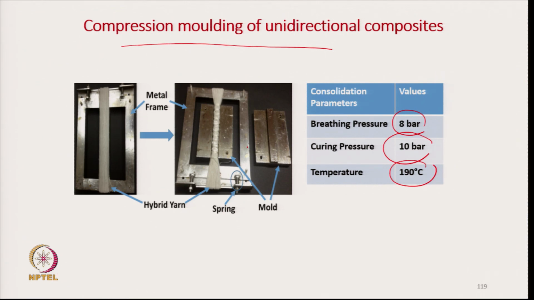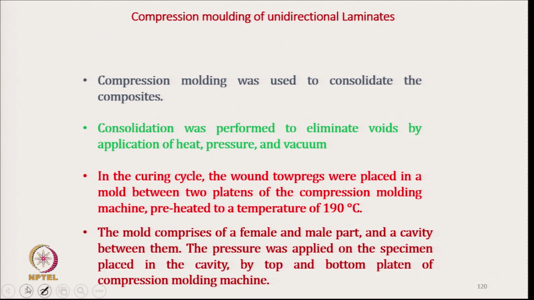These are the molds, male and female, pressed against each other, with the tow in between. So, compression molding was used to consolidate the composite.